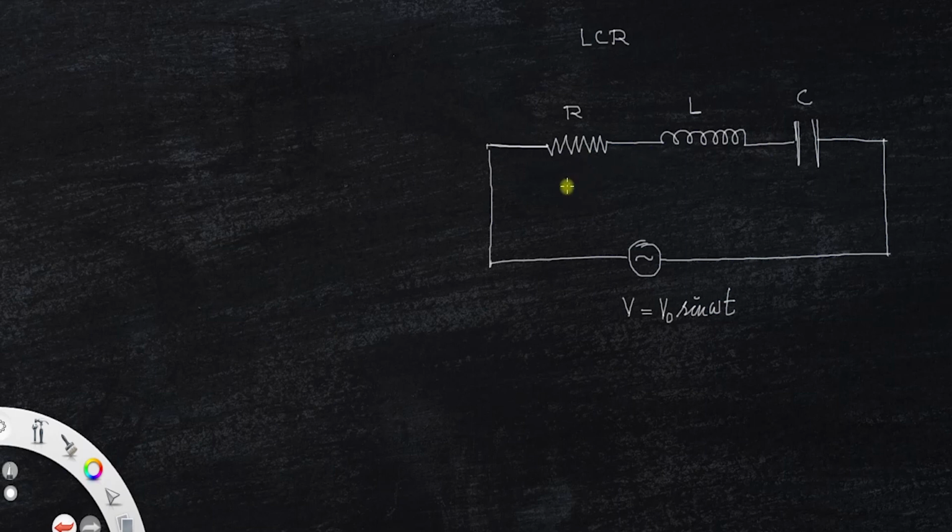We already discussed that there will be a current flowing through the circuit. Since it is a series combination, all the components have the same current. And also the value and direction of the current changes during each half cycle.